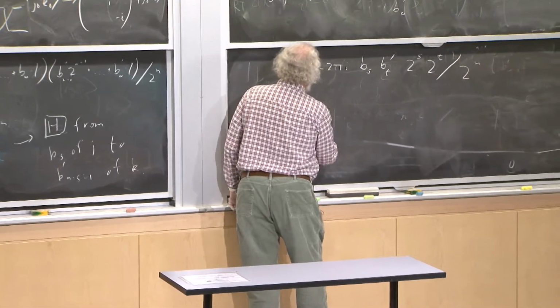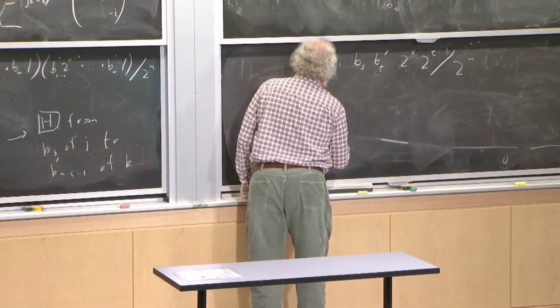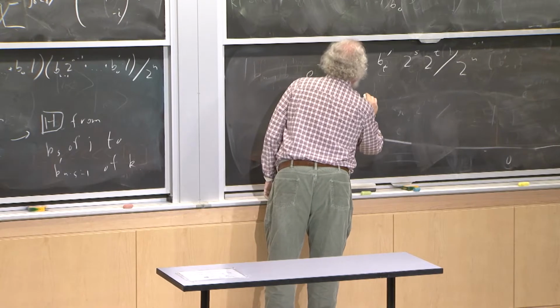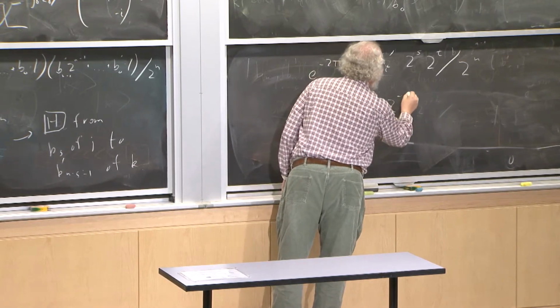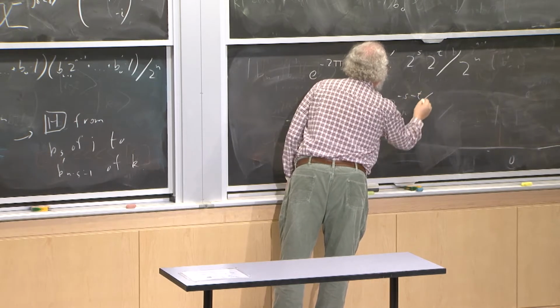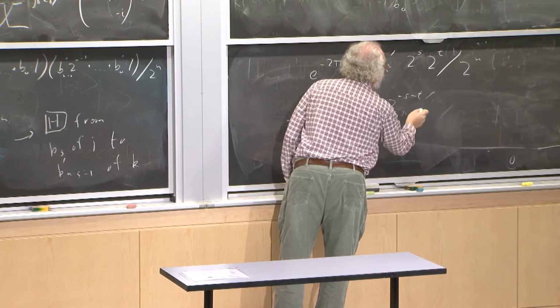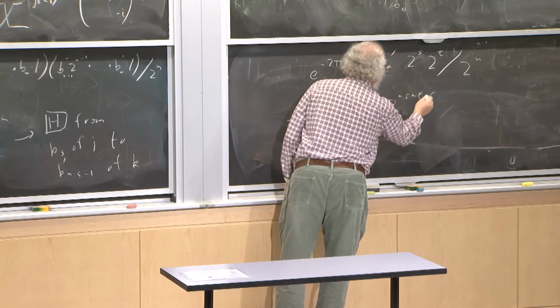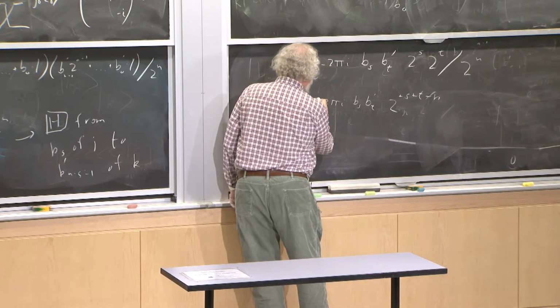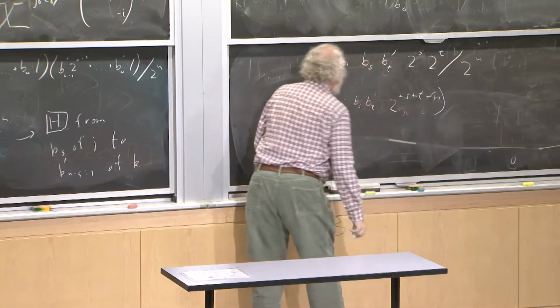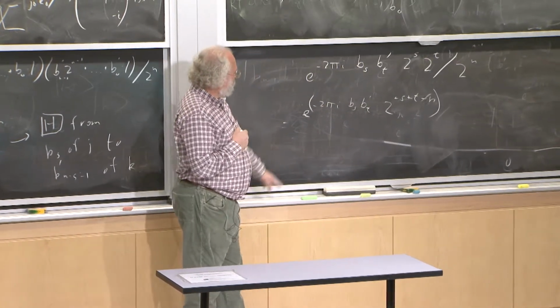That's the gate e to the minus 2 pi i b_s b prime t 2 to the s plus t minus n, where all this is in the exponent despite my bad handwriting.